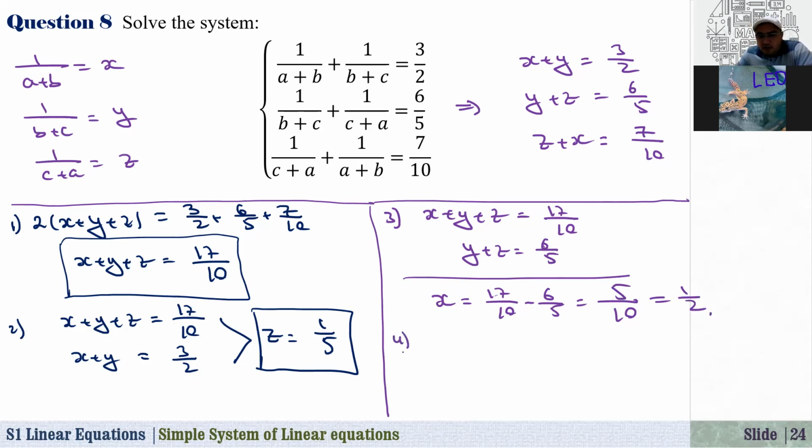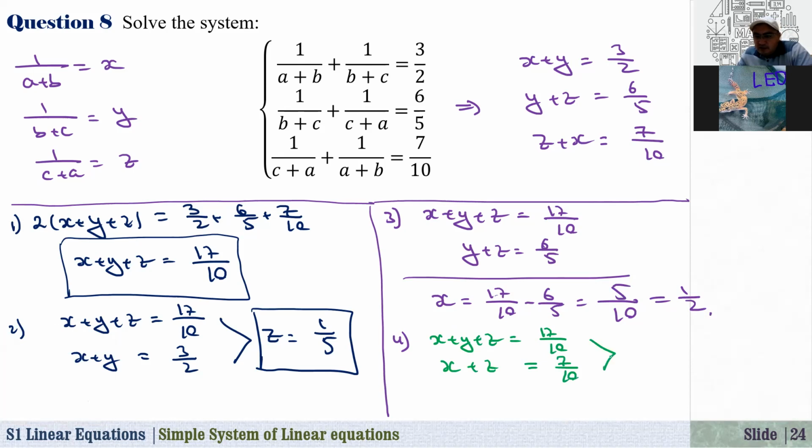And in similar way, number 4. So here we have x plus y plus z is equal to 17 over 10. And the last equation is, what is it? x plus z is equal to 7 over 10.